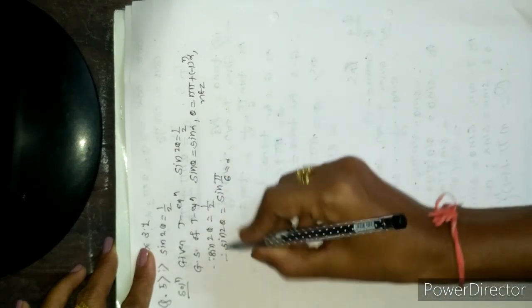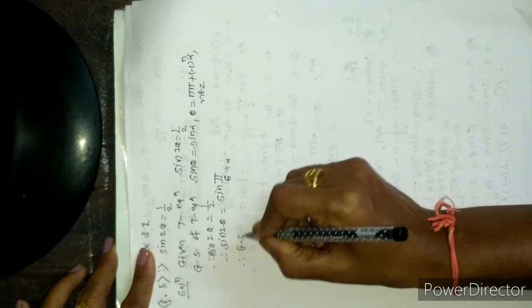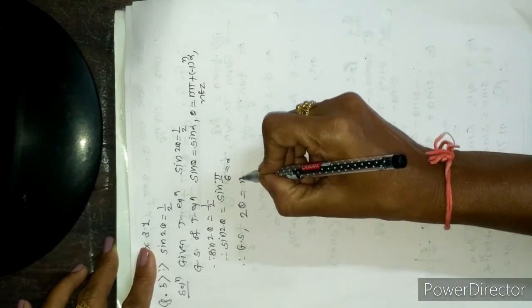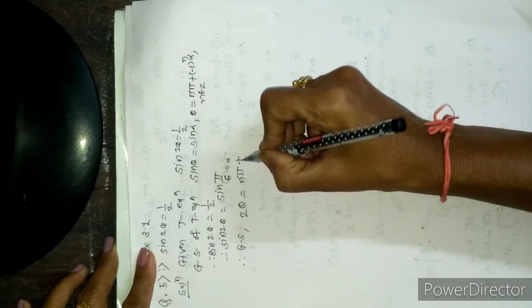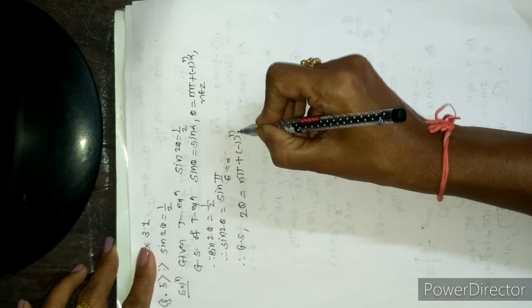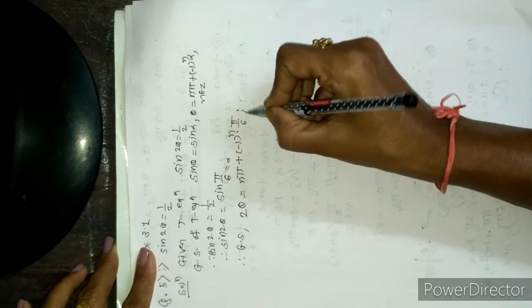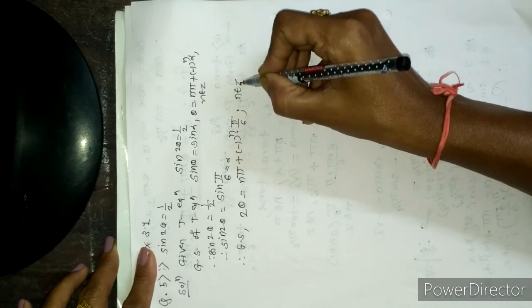So we say this is alpha, and therefore the general solution of this trigonometric equation is 2 theta is equal to n pi plus minus 1 raised to n times alpha, but here alpha is nothing but pi by 6 and n belongs to z.